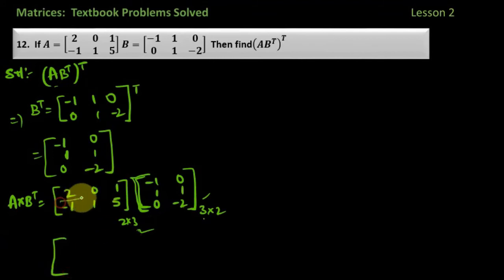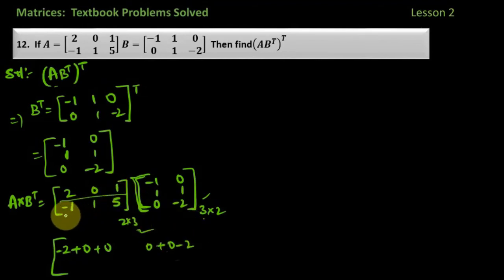Same, again fix this first row and multiply with these 2 columns. So 2 into minus 1 is minus 2 plus 0, again plus 0. Similarly 2 into 0 is 0 plus 0 minus 2.